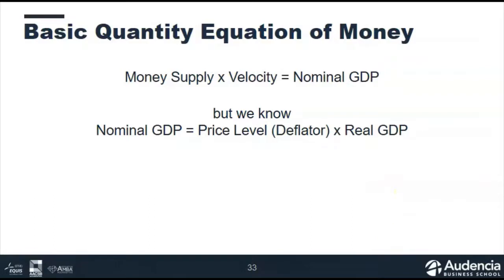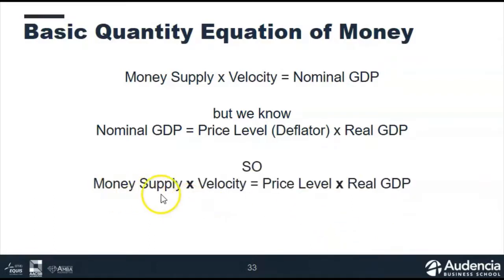And if we insert that into our equation, we get that money supply times velocity is equal to the price level times real GDP, or M times V equals P times Q. So the challenge with monetary policies is making sure that as we increase the amount of money, it allows us to make the expenditures we want to expend.